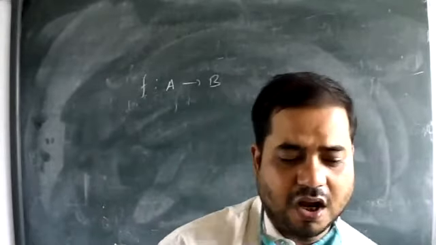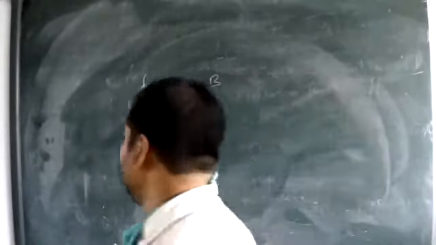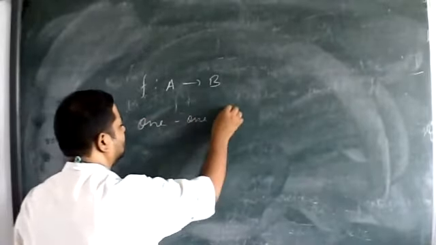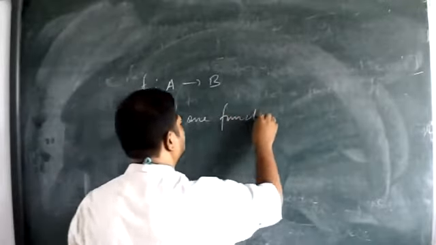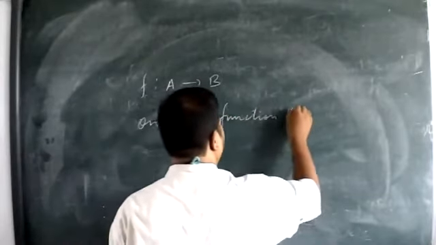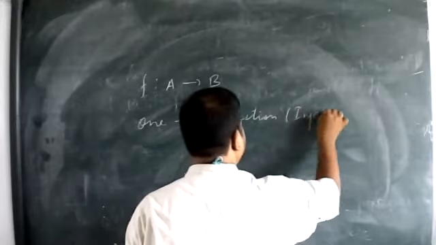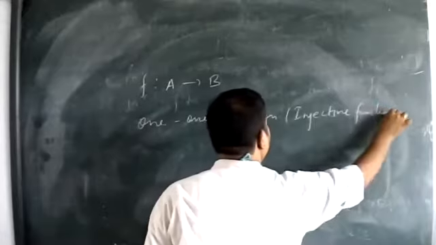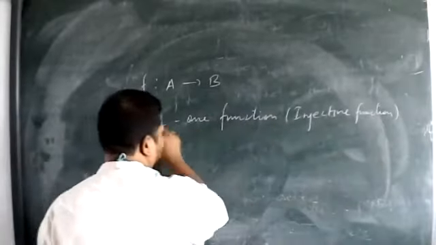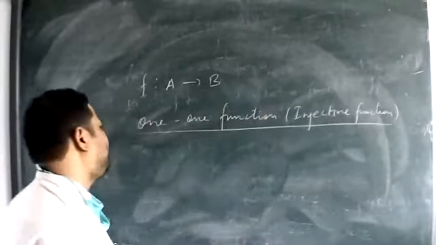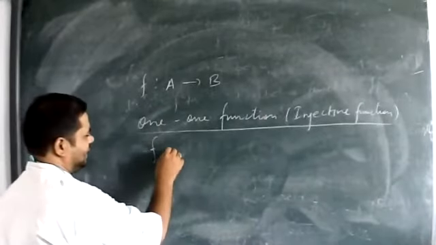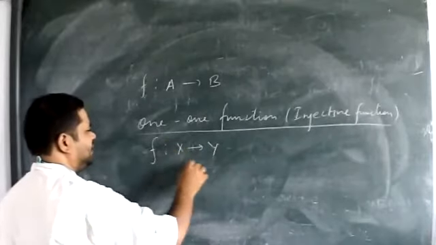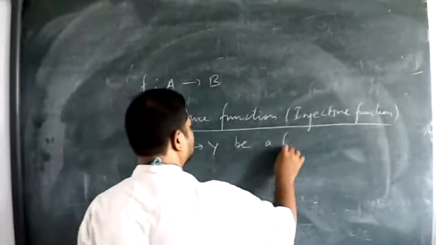So first one is one-one function. What is one-one function? One-one function or injective function. Okay. So let f from A to B, or x to y, be a function.